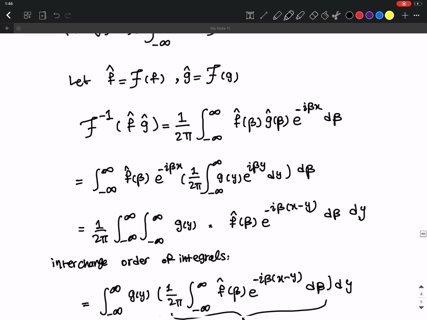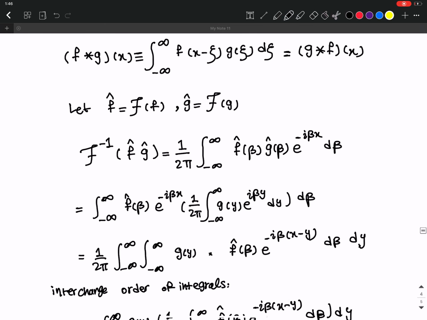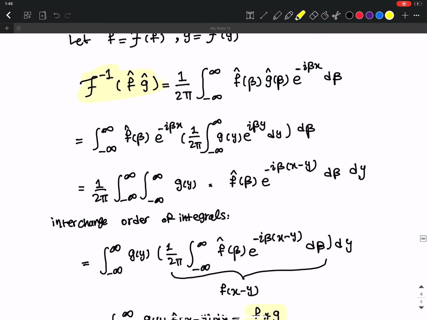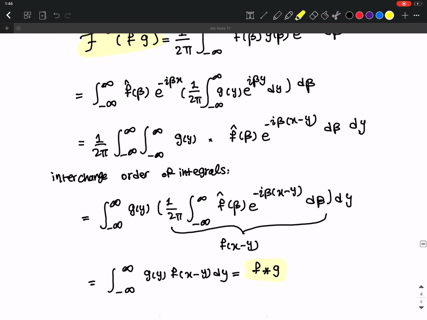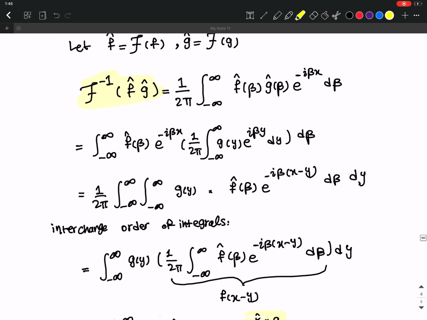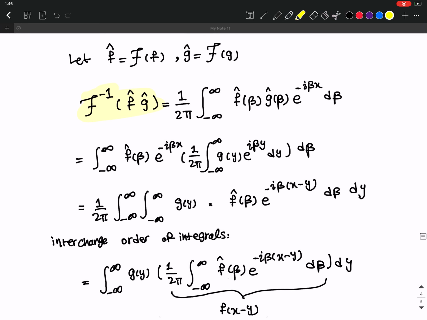So interestingly, we started from this equation, the inverse of f hat and g hat, and we got to here. So this means that the convolution in the regular space is just the inverse Fourier transform of f hat g hat.